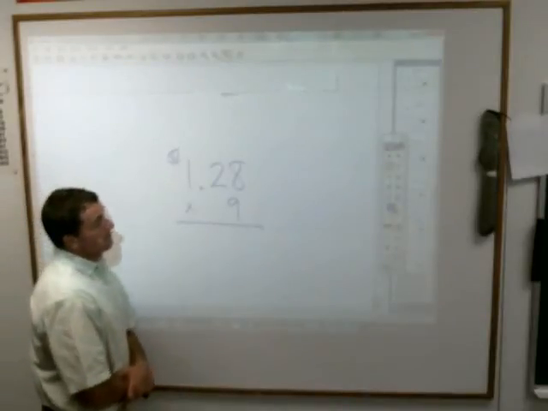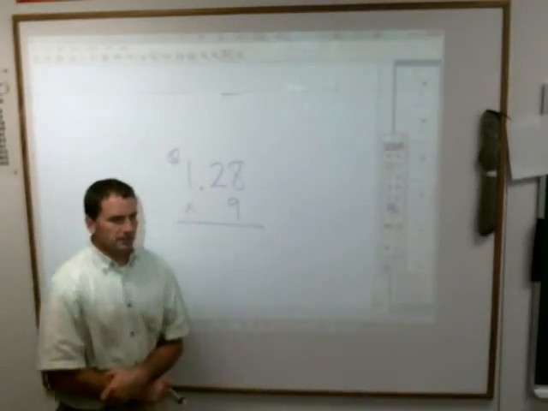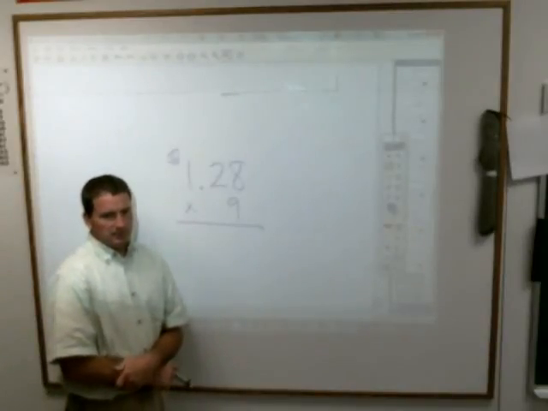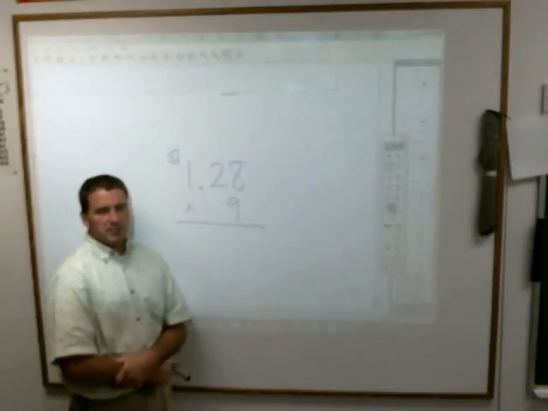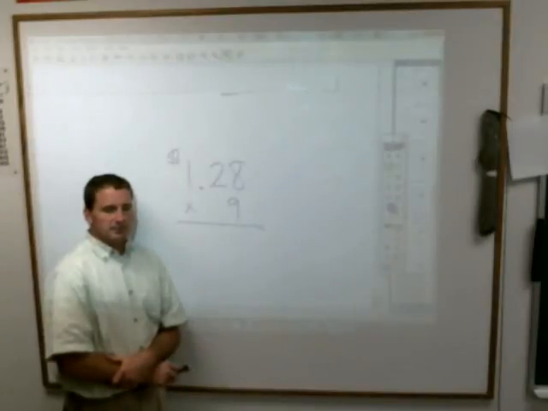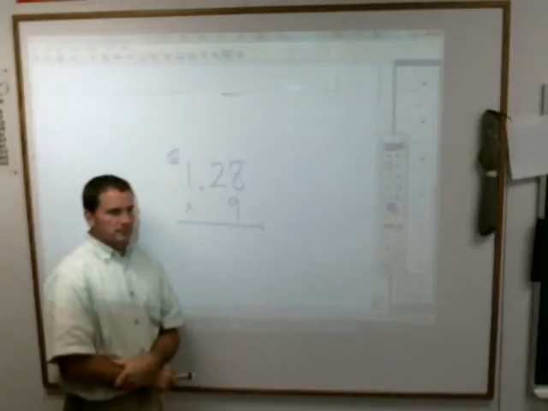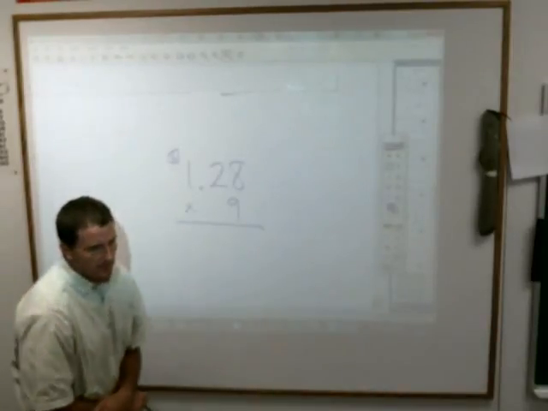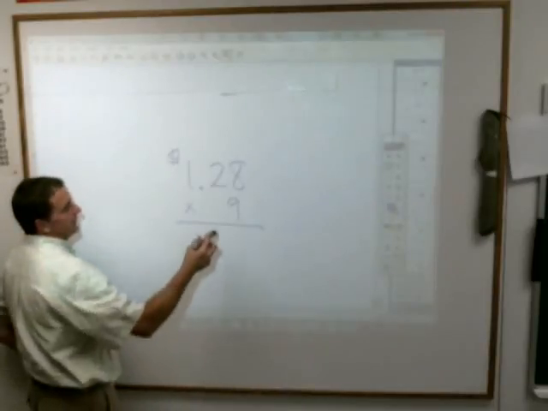$10.82. Lance? 11.52. Molly? $10.87. Maggie? 11.82. We got a lot of different answers here.